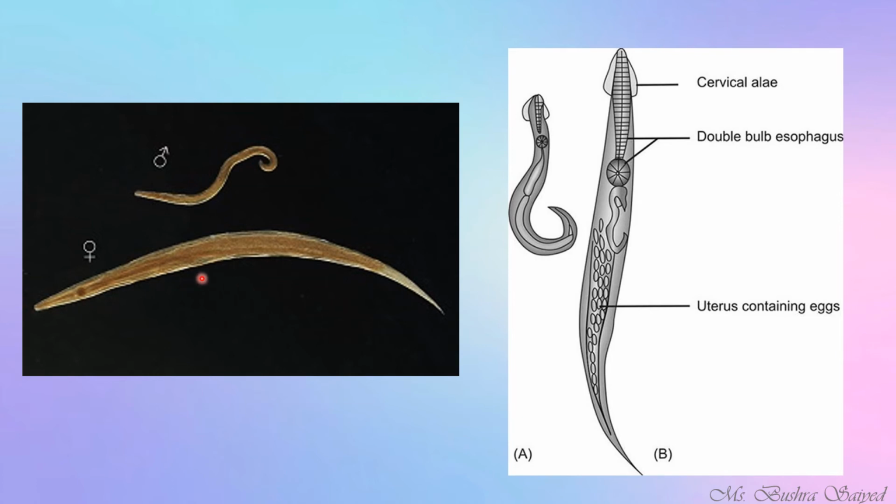Because the female has to accommodate a huge uterus inside the body, and she has to nourish the eggs and then hatch the eggs. So for accommodating that particular space, the female is found to be larger than the males. Here, if you see the end of the female, it is pointed, whereas in the male it is curved. In the diagram here also you can easily distinguish the male and the female.